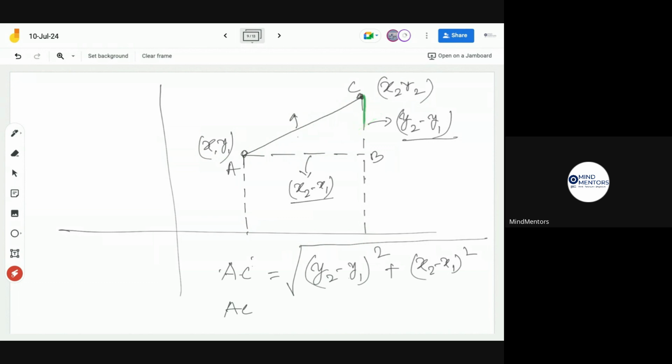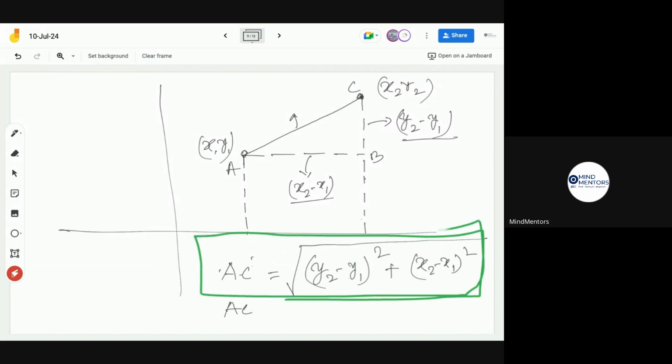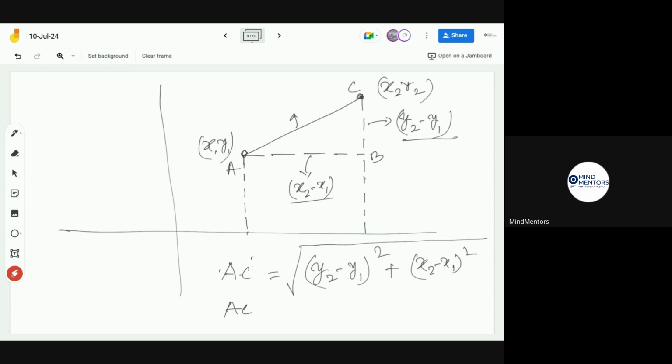Then we used the Pythagoras theorem: the base is x2 minus x1, the perpendicular is y2 minus y1, and therefore AC will be the square root of base square plus perpendicular square. Remember this formula: y2 minus y1 whole square plus x2 minus x1 whole square. That's how we calculate the distance between any 2 points.